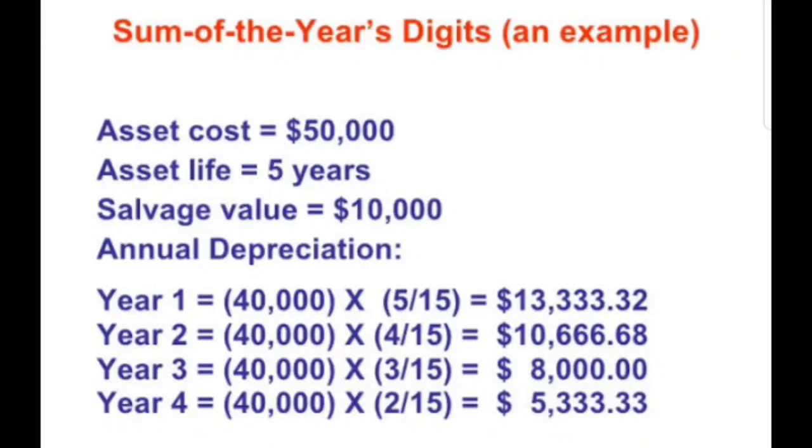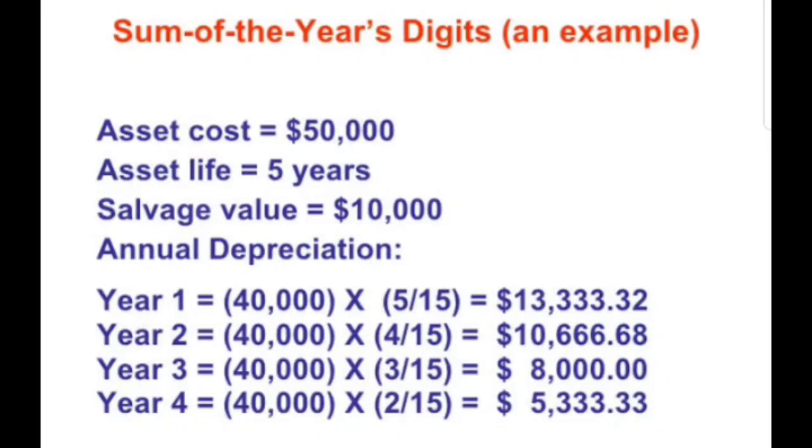Now let's have a look at an example of sum of the year digits method. We have an asset cost of $50,000, asset life of 5 years, and a salvage value of $10,000. Then how shall we calculate the depreciation under this method? In year 1 we have depreciable cost, cost minus salvage value, 50,000 minus 10,000, 40,000, multiplied by 5 over 15.